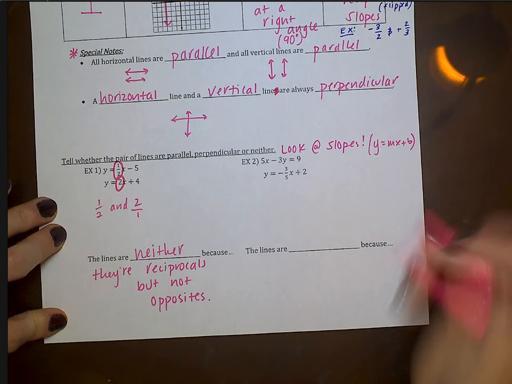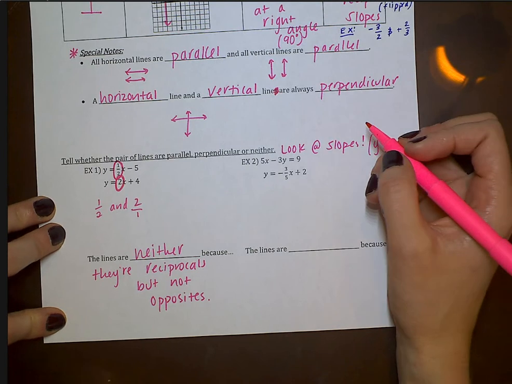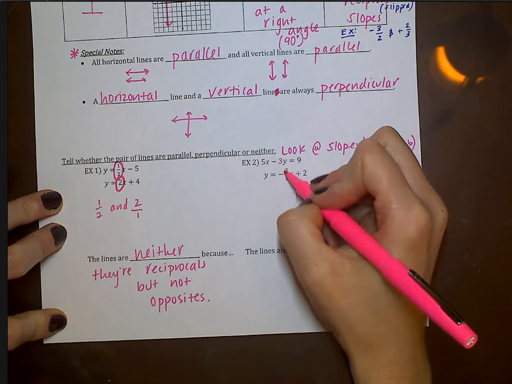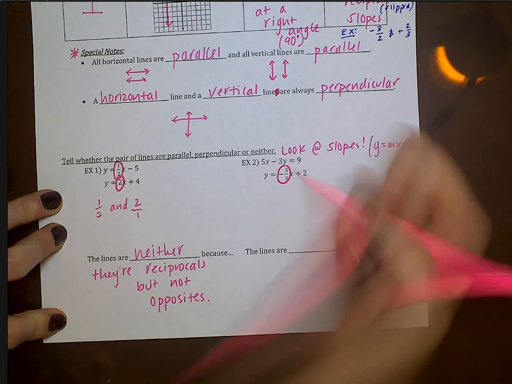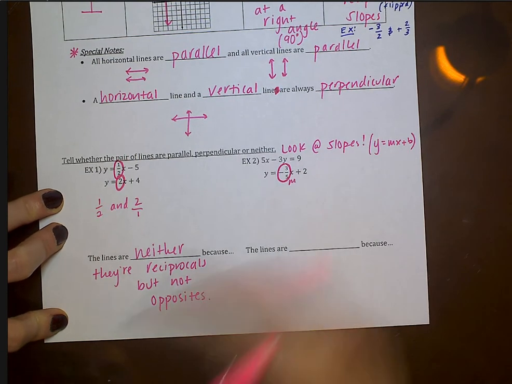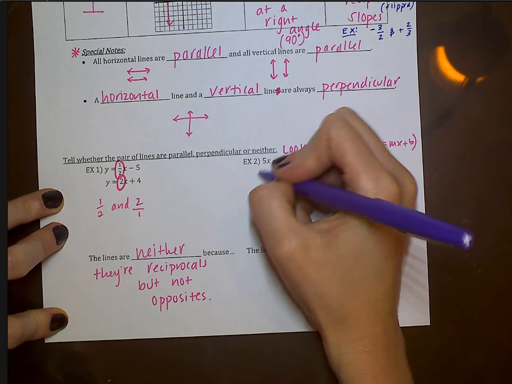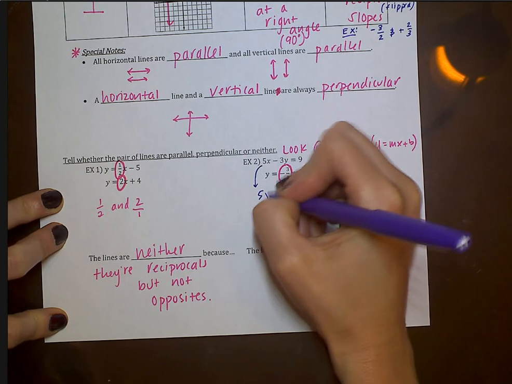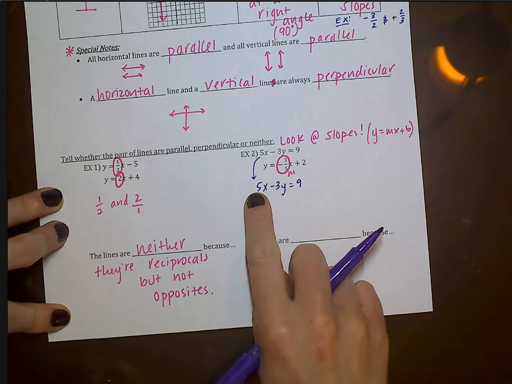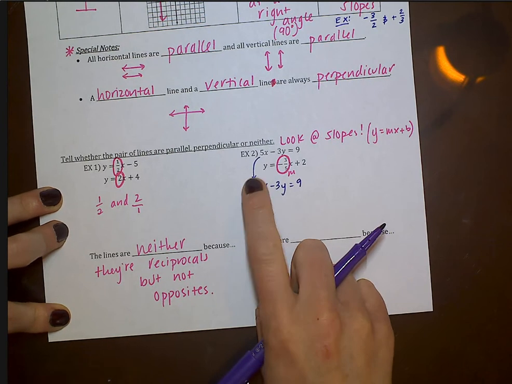All right, on the next one. I'm going to go ahead and just do this one for you. On the second line, here's the slope. It's -3/5. So that's in mx plus b. That's easy to tell the slope. But the first line is in standard form. So the first thing I want to do, because I cannot look at standard form and say, oh, the slope's 5, what's in front of x? That only works when you're in mx plus b.